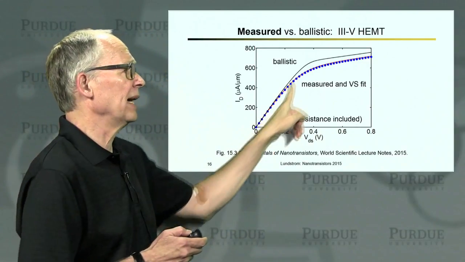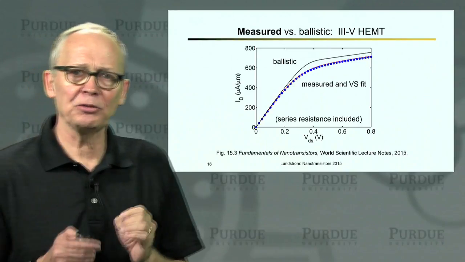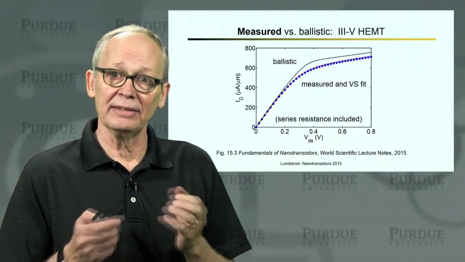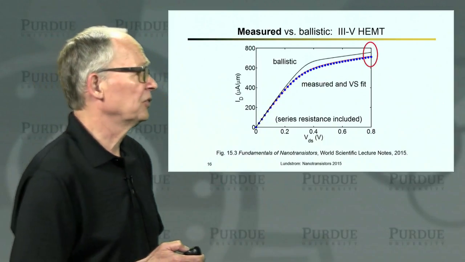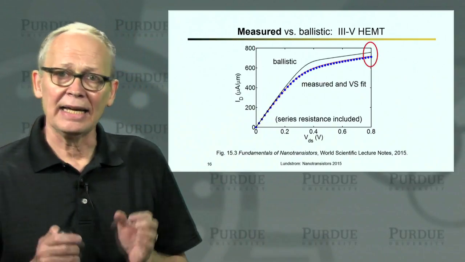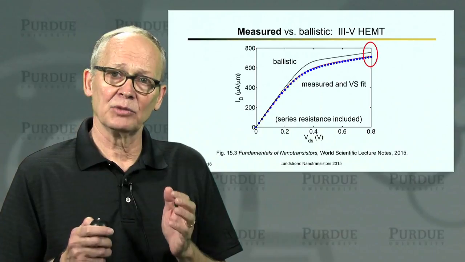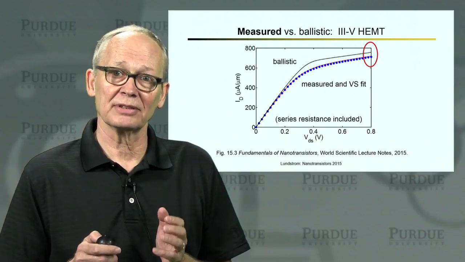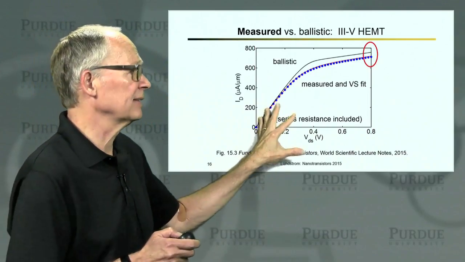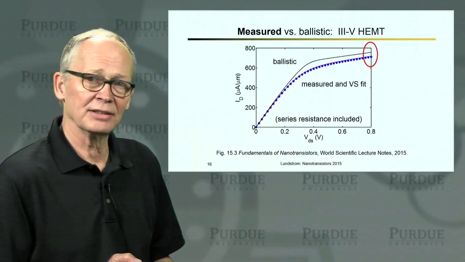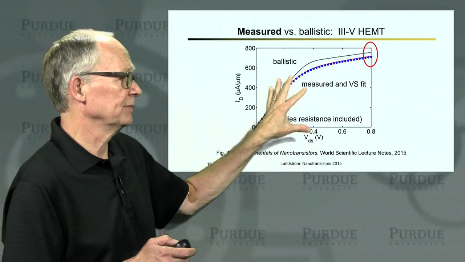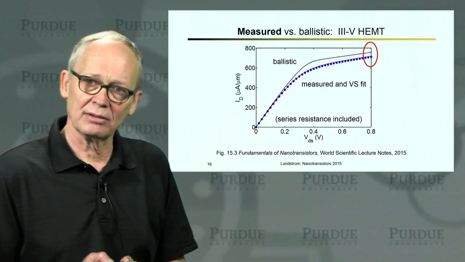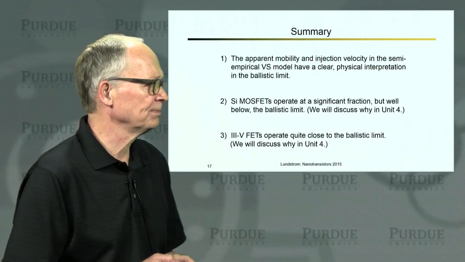What you're seeing in the black line is the corresponding calculation from the ballistic model that we have developed in this unit. And now you can see that the story is a little different. A III-V HEMT actually operates rather close to the ballistic limit. And we will discuss this again in Unit 4 and try to understand why the III-V MOSFET operates very close to the ballistic limit and why the silicon MOSFET operates less close.